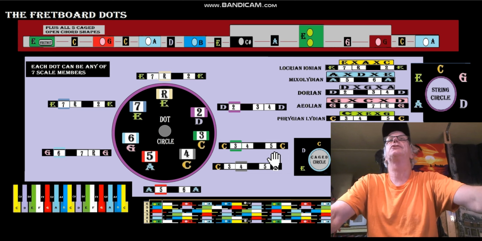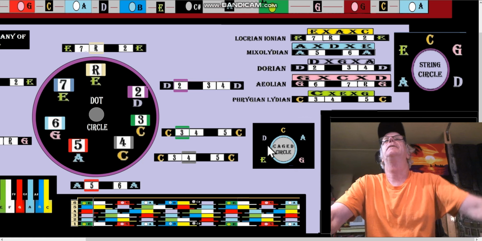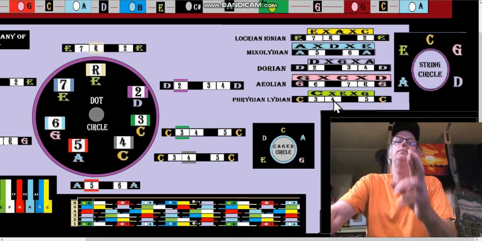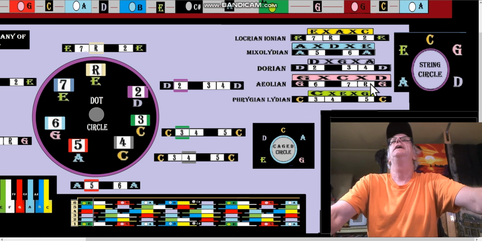In the caged circle, when we're going C, A, G, E, D, we have note sharing, and in the C string pattern, 3 and 4 are considered one note. Not one note, but they're both shared. So the 3 and the 4 is shared with the D from the previous cage.